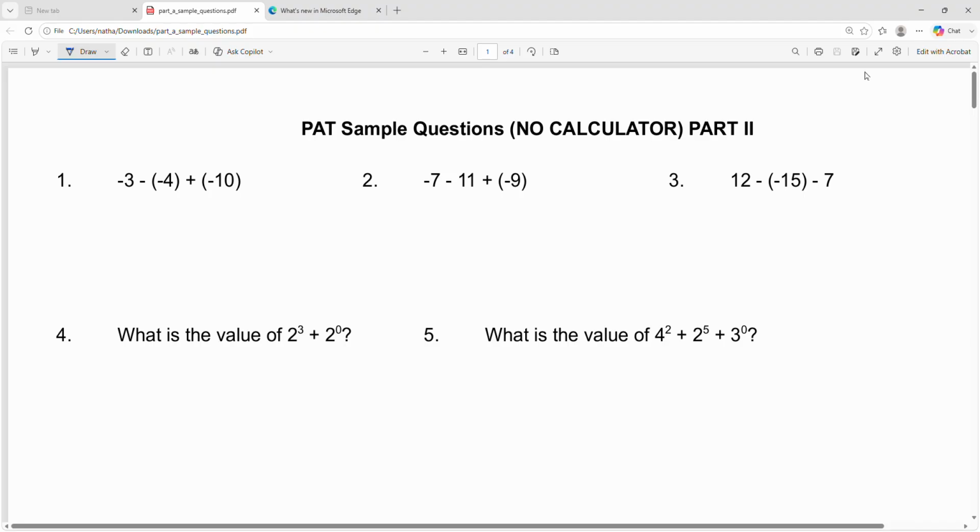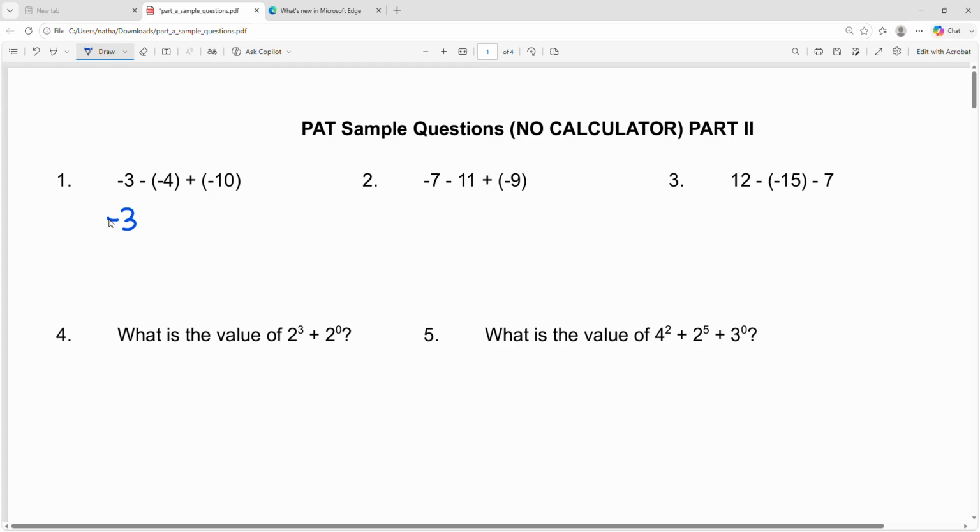Question number 1. So we're adding integers and we have to look at our signs. So we've got -3 minus -4 plus -10. So let's start off. I'm going to rewrite a couple things. I've got -3. When I subtract a negative, it's like we add the opposite. So if you see where we're subtracting a negative, it's like we're adding a positive.